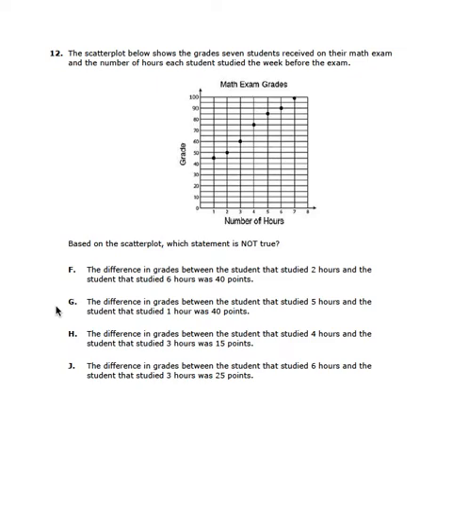G. The difference in grades between the student that studied 5 hours and the student that studied 1 hour was 40 points. H. The difference in grades between the student that studied 4 hours and the student that studied 3 hours was 15 points. J. The difference in grades between the student that studied 6 hours and the student that studied 3 hours was 25 points.